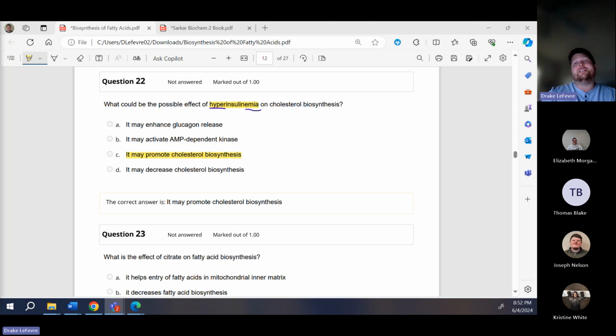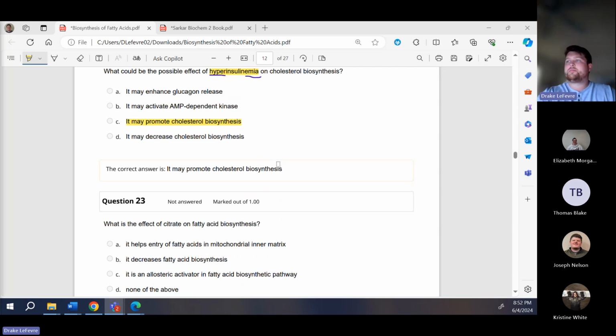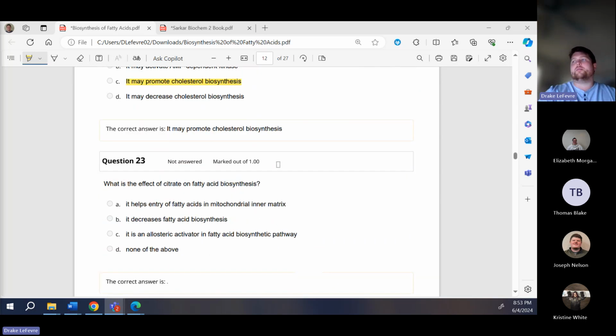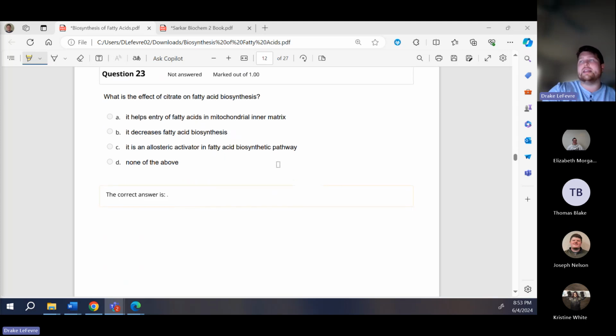So the solution is literally to inject yourself with even more insulin to get it to do its job. And the people who have type 2 diabetes tend to also be overweight, tend to have high cholesterol, heart issues, all that kind of stuff. And this is one of those reasons. When we have consistent hyperinsulinemia, it promotes building fat, building cholesterol, doing all those kinds of things. I'm going a little bit off track there, but that's kind of the background of why that is what it is.